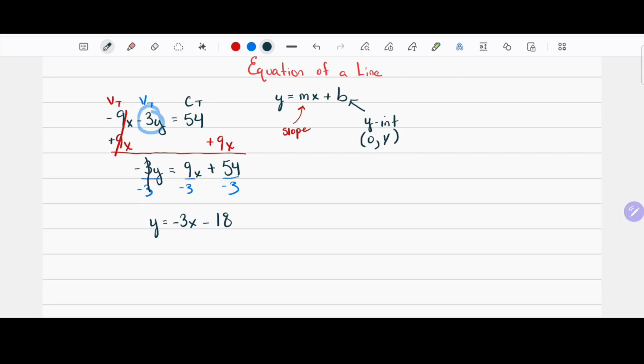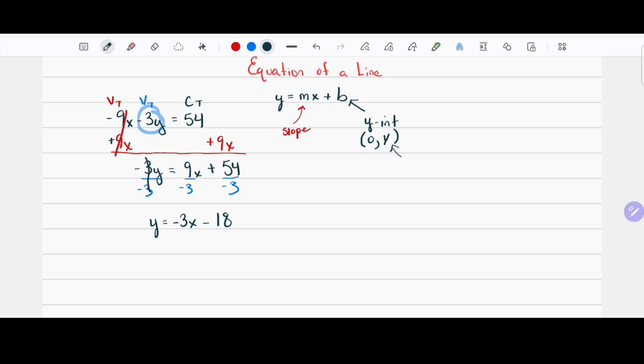So again, remember that b is the y-intercept where x is 0 and y is a value. And in an equation, the only part that's written is the y coordinate.